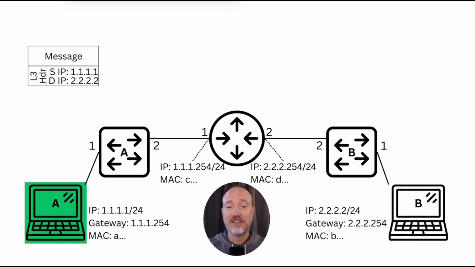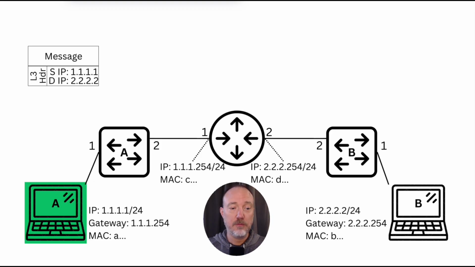It's trying to send this to PCB, so the destination IP address is 2.2.2.2, which is the IP address of PCB. Now that the segment has its layer 3 header, it's a packet, and we pass it down to layer 2.